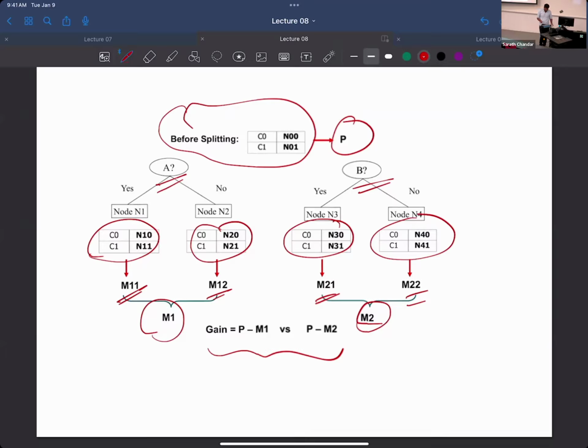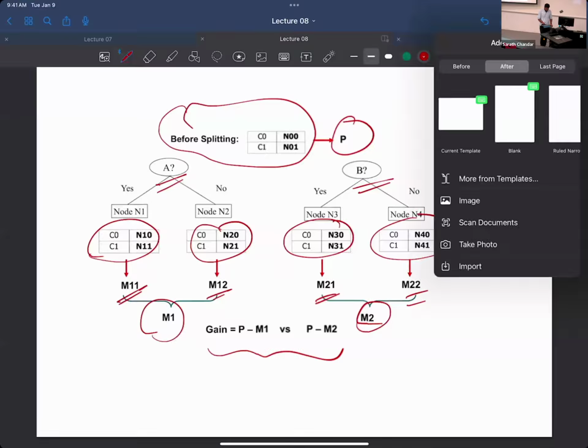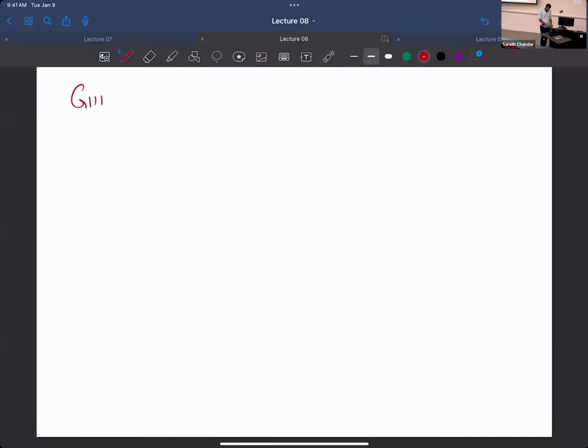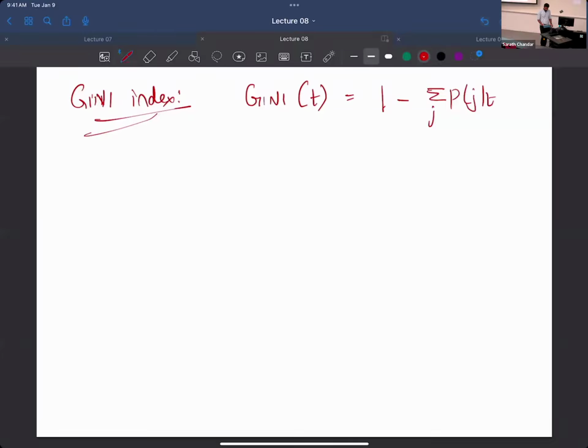So now let's look at these measures in detail. So first we are going to look at the Gini index, I don't know if it is Gini index or Gini index, whatever way you want to pronounce it. So the Gini index is defined as follows. Gini of T is given by 1 minus summation over J, P of J given T whole square.